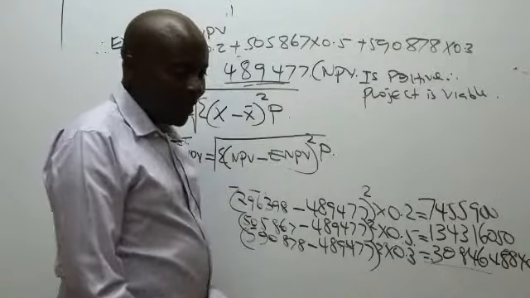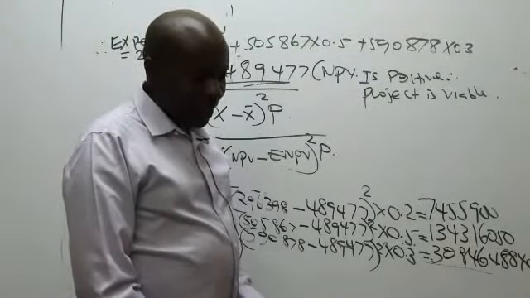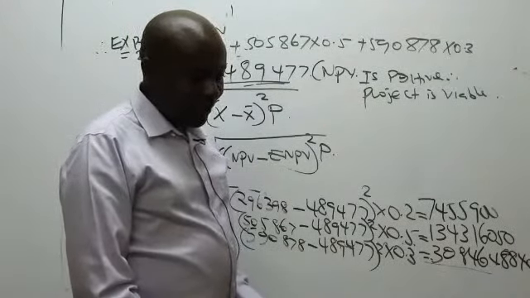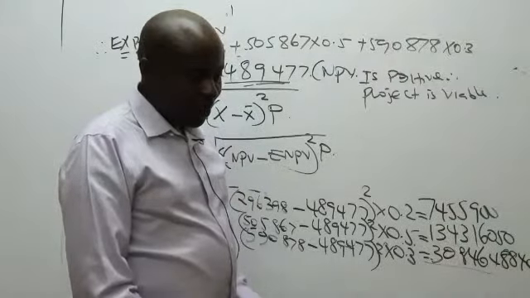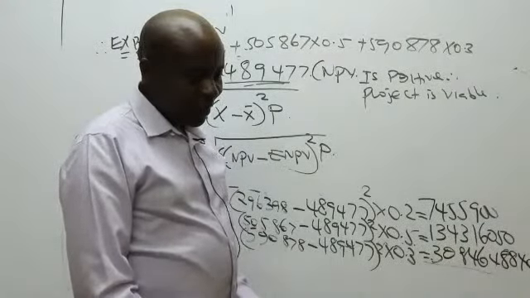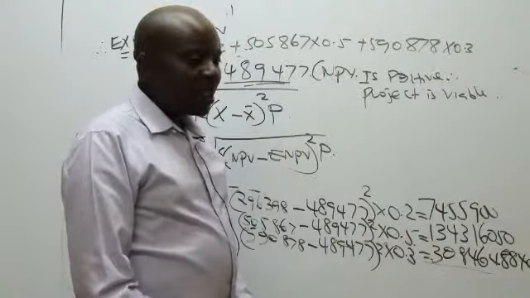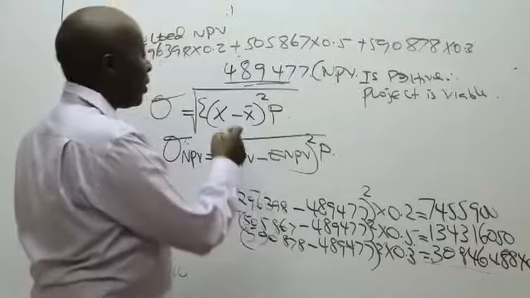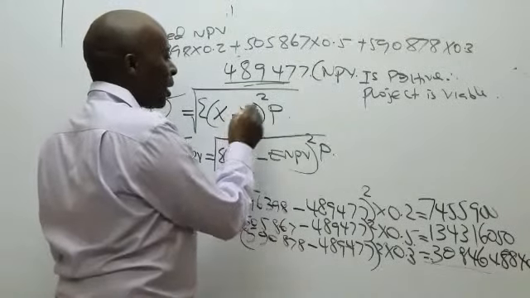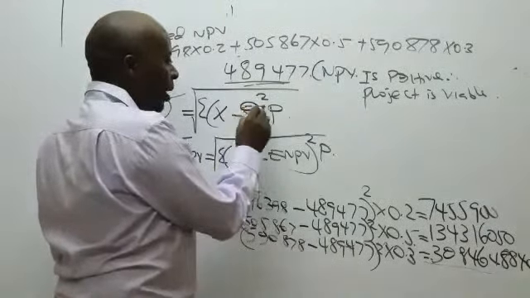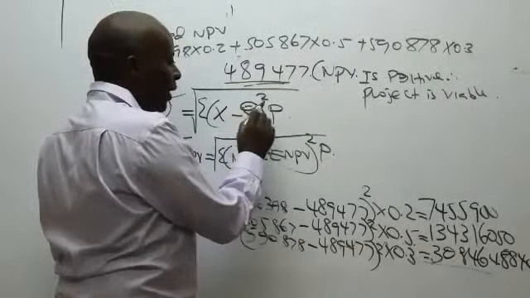Can somebody help me answer that question? It's because of this, John Kamau. You are taught in high school, this X bar, X with a bar. X with a bar means a flat thing.